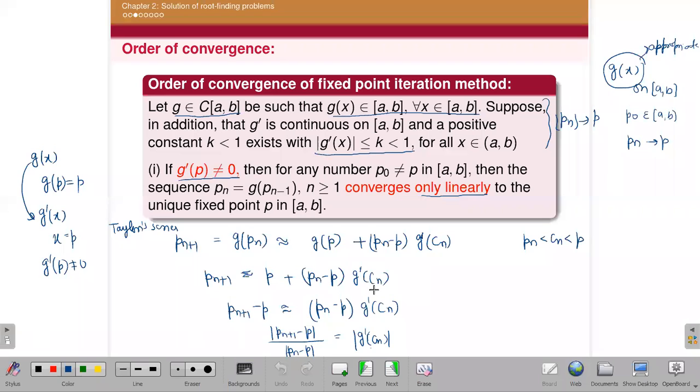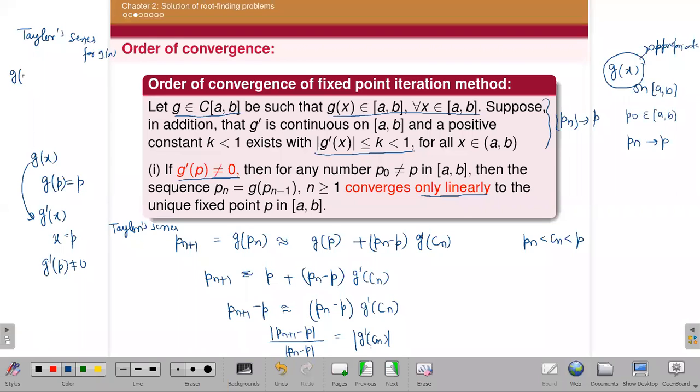Ma'am, can you please explain the Taylor series steps again? How have we derived this? Actually, for Taylor series, if you have a function which is infinitely differentiable, suppose I'm taking g of x.